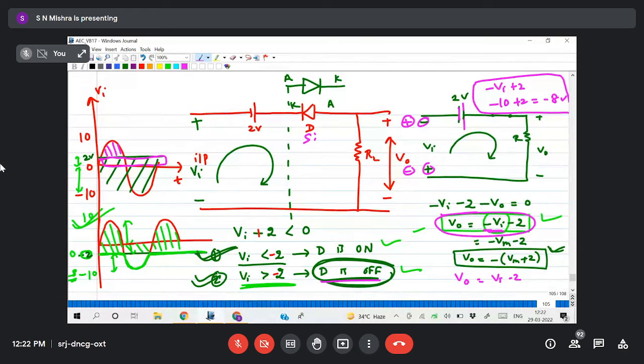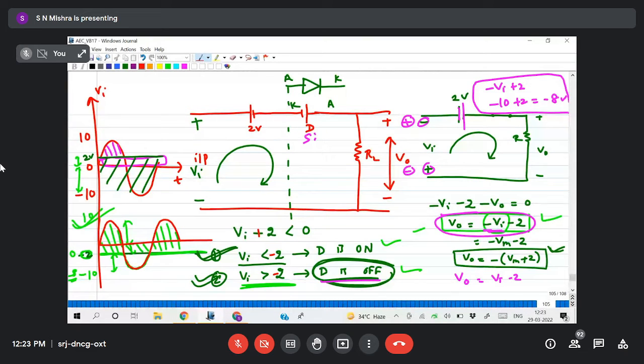Suppose I consider the first case, like here, how I have connected. Like this, and here the diode, I will connect negative and positive like this.